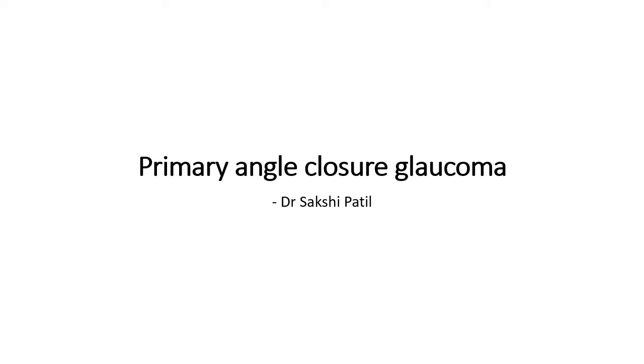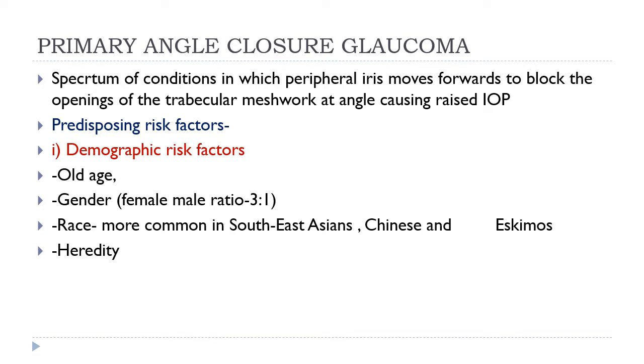So let's continue the different version of glaucoma, that is primary angle closure glaucoma. So what is this angle closure glaucoma as such? Angle closure glaucoma, we all know there is a space between the angle, that is between your iris and the cornea.